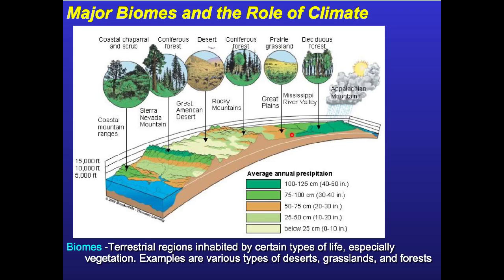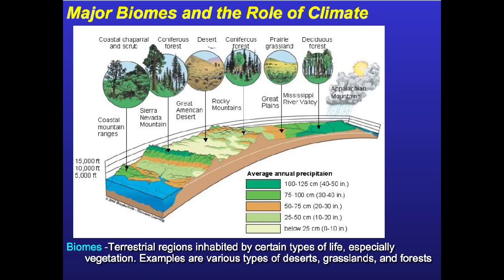Now if you look at this diagram showing the different land areas in different elevations, it'll show you what precipitation you have. Now if we look at the chaparral, coastal chaparral and shrub, which you have in California, you can see here that it gets a decent amount of rainfall, but somewhat in the lower mid-range.